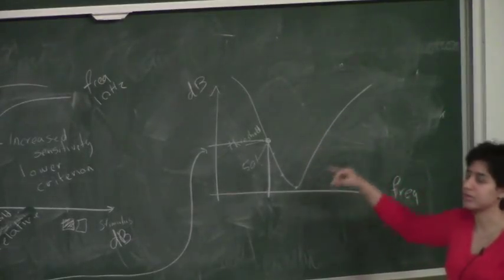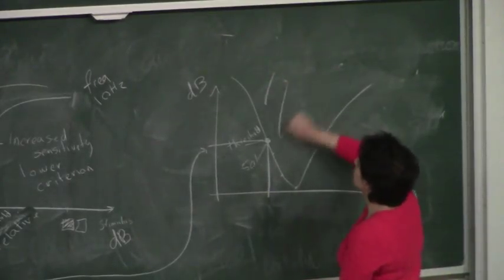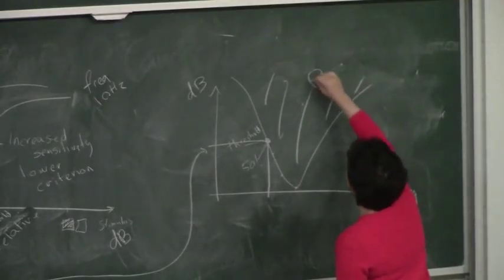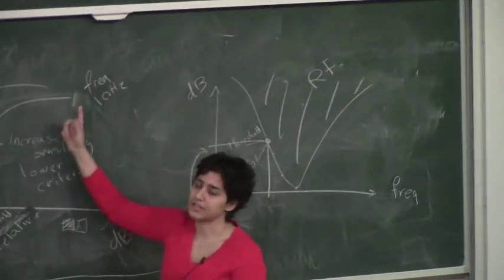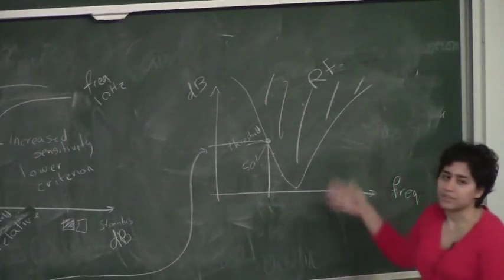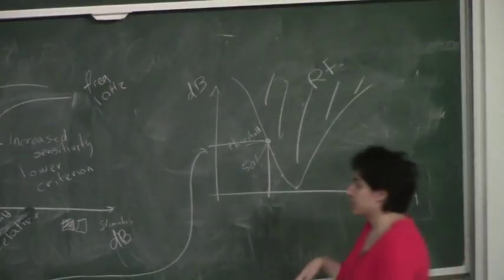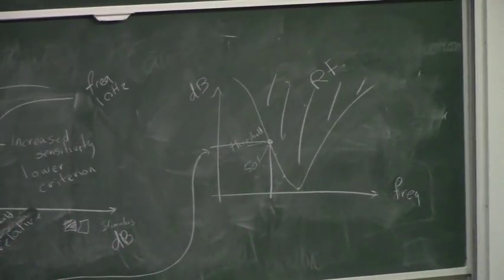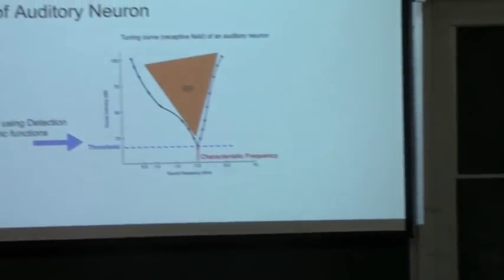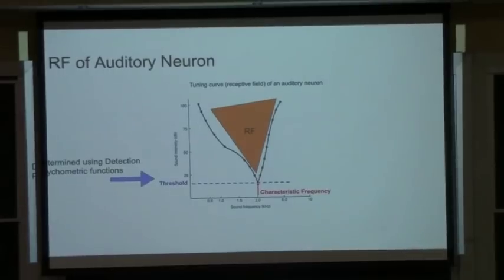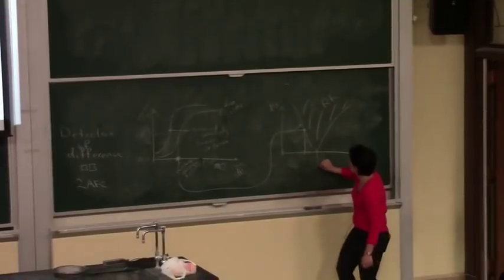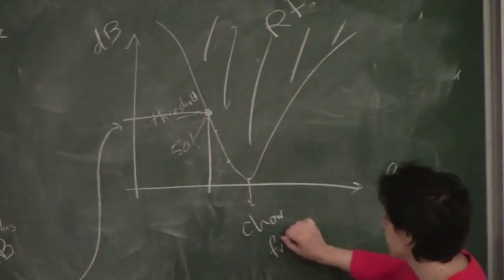And then you draw your tuning curve. Your receptive field is going to be anything higher than that, because going higher than that is detection. So this area is the receptive field that you measure for your auditory nerve. Oh, and the characteristic frequency is when you're most sensitive to the noise. So over here you have the characteristic frequency.